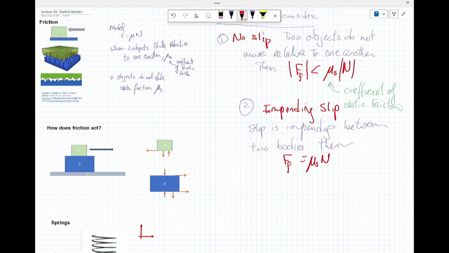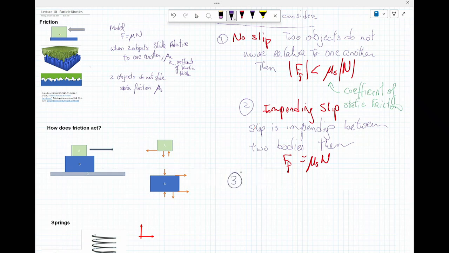In that case, the force of friction will equal mu sub s times n. And you're going to face a lot of problems where you have to sort of figure that out, and you have to identify whether it's impending or no slip. So just be aware of that as you're looking at these problems.